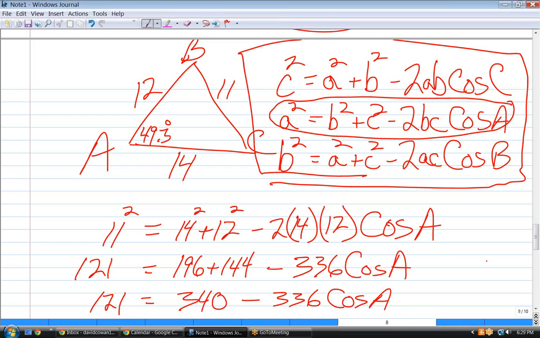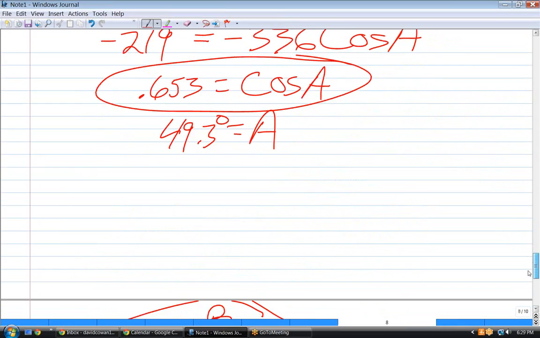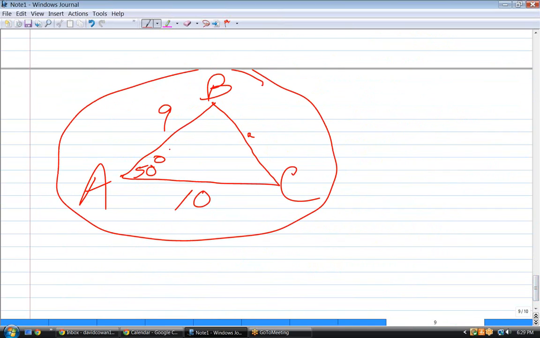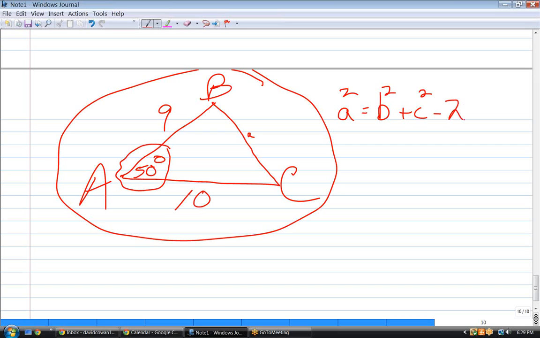Oh, okay. So could you use c squared or b squared? No. We do know the cosine of A, so let's use the a squared one. In other words, we want to use this one. Why? Because we know everything on the right side.